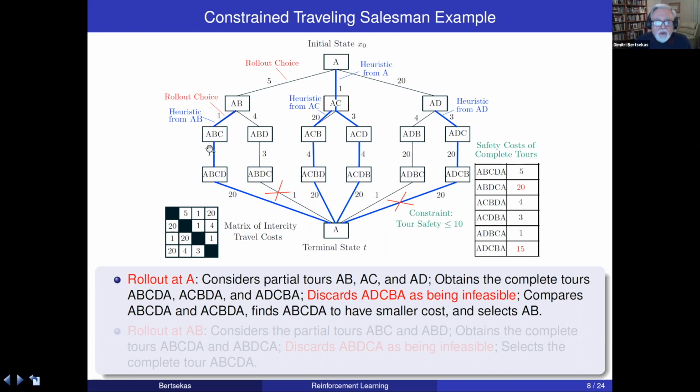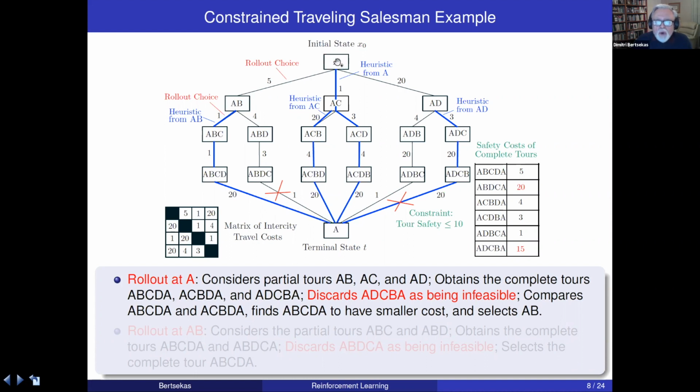From this one, the heuristic gives me this. That's a candidate. From here, the heuristic is this one, and from this one, the heuristic is this one. Now, this one happens to be infeasible, so we just throw it away. And we compare this tour and that tour, and the one that wins is this one.